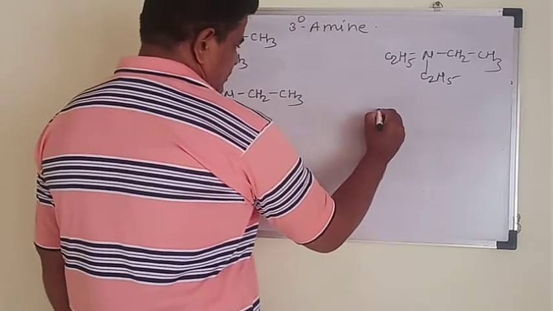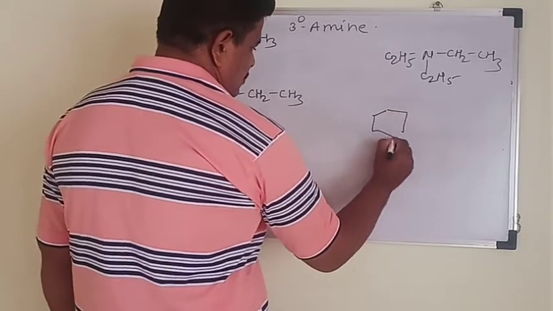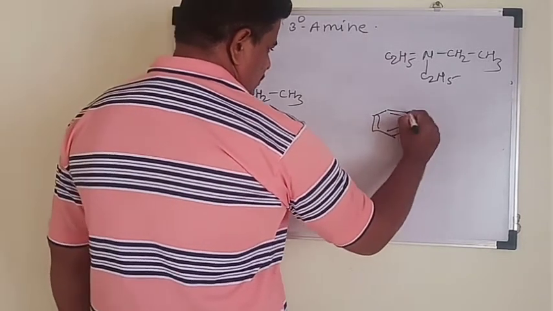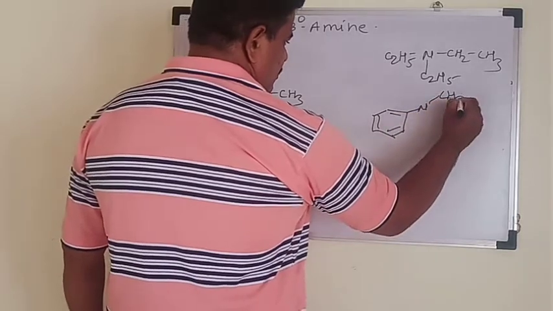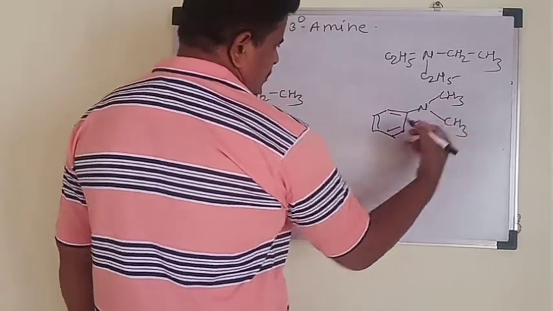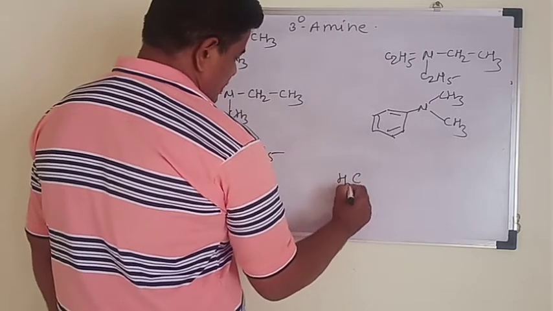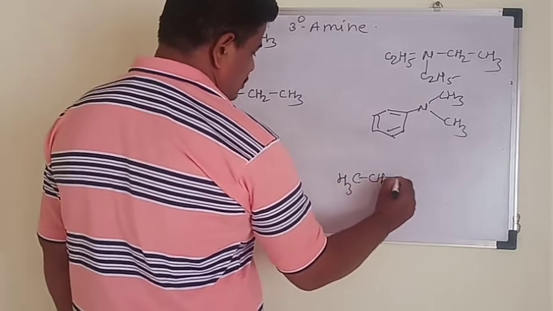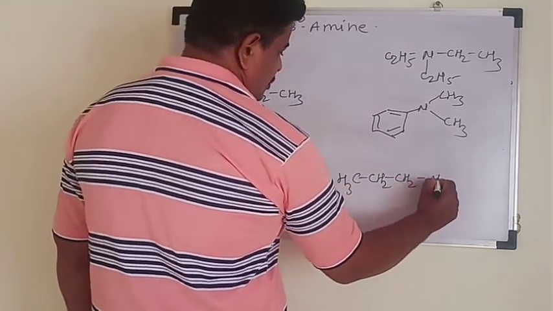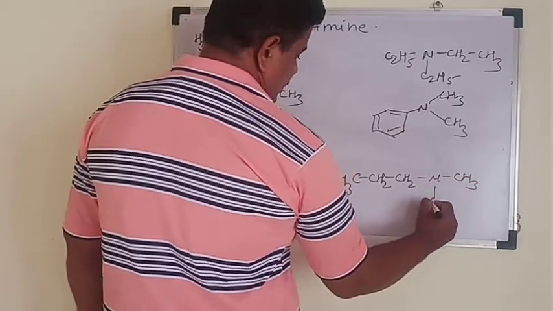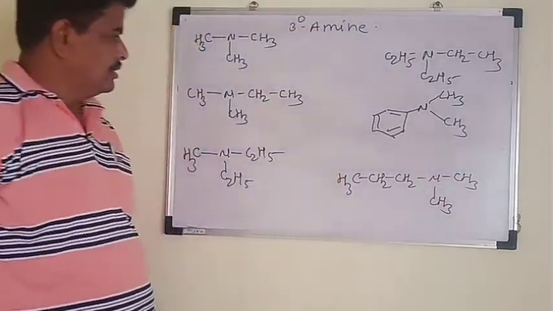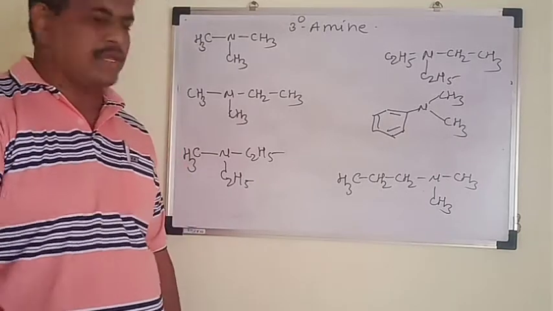We can write this example also. Then another example, CH3, CH2, CH2, N, CH3 and CH3. So these are some examples of tertiary amine.